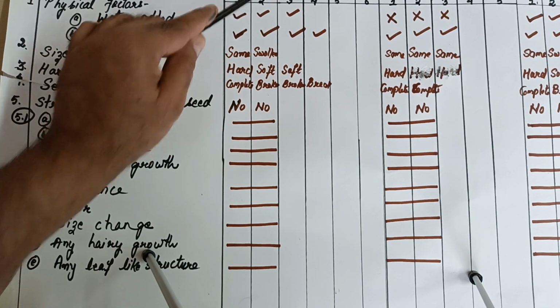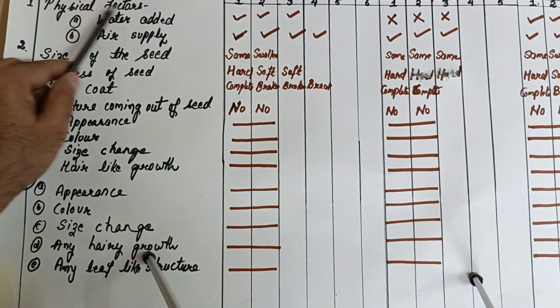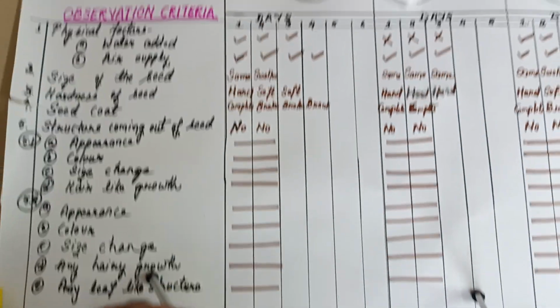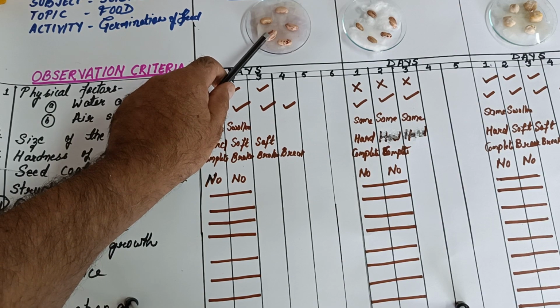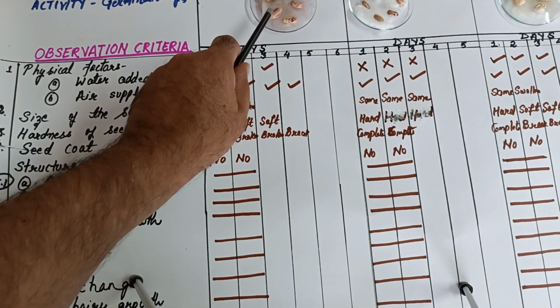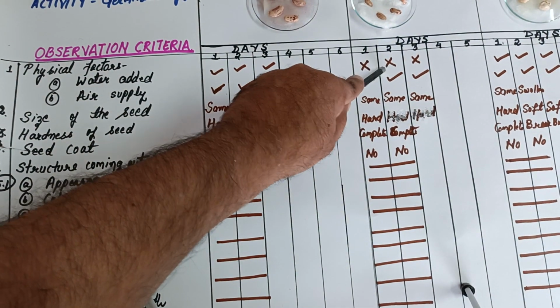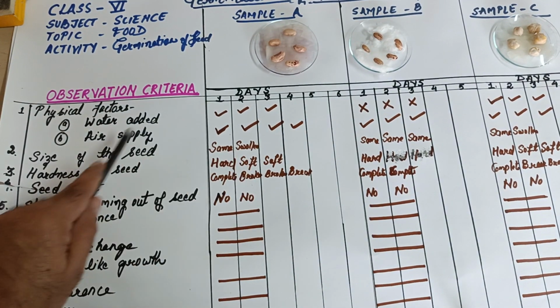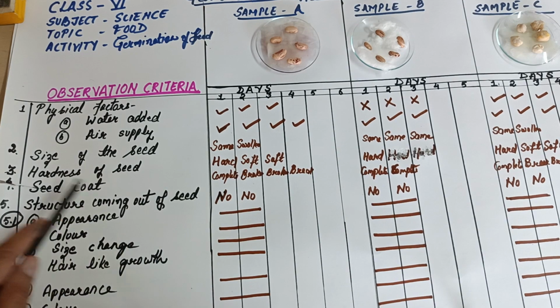Day 2, what we observed was, again, there was little dryness in the samples A and B because it is hot climatic conditions. So little water was added. Water was added in sample A, but it was not added in sample B. So sample B still remains dry. Air is a common factor.